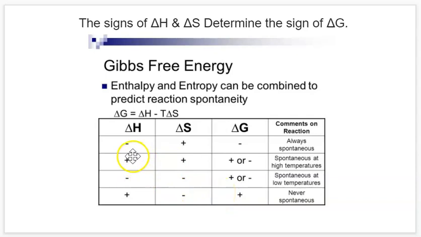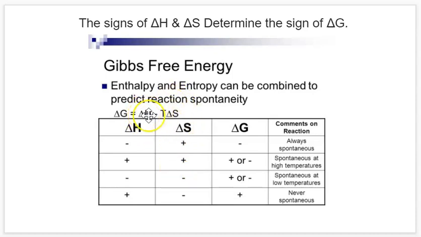Now, if we have endothermic and increase in disorder, this is going to depend on the temperature, because if we have a positive minus a positive, it's really going to matter which one of those two positives is bigger. So at lower temperatures, the entropy term is usually going to be smaller than the delta H term.